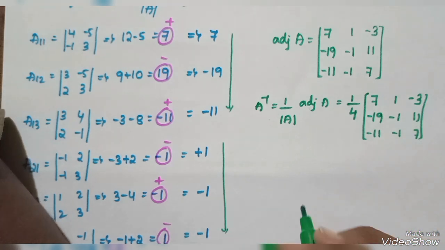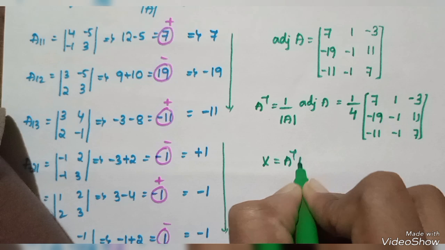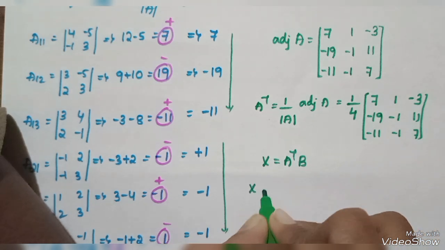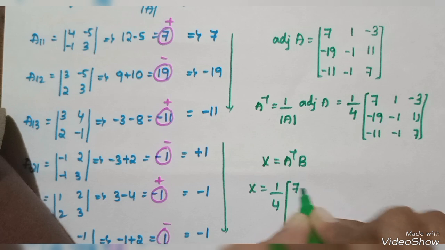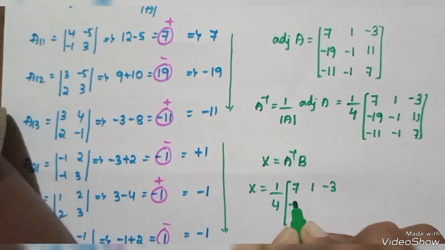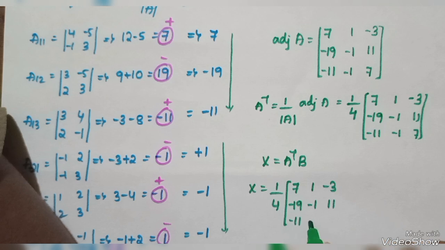Okay, now x is equal to A inverse into B. Substitute here, x is equal to 1 by 4 into A inverse, 7, 1, minus 3, minus 19, minus 1, 11, minus 11, minus 1, 7 into B matrix.